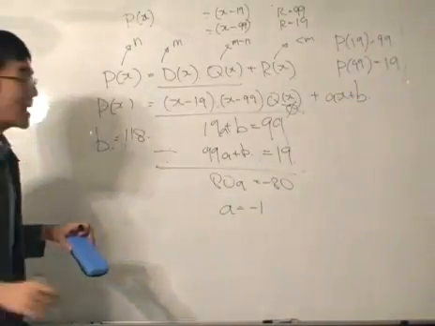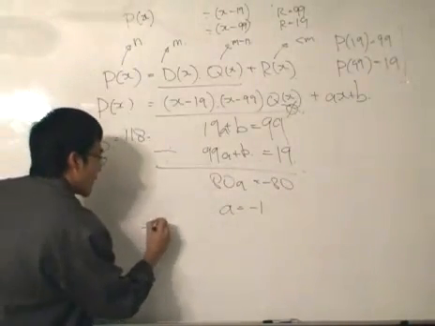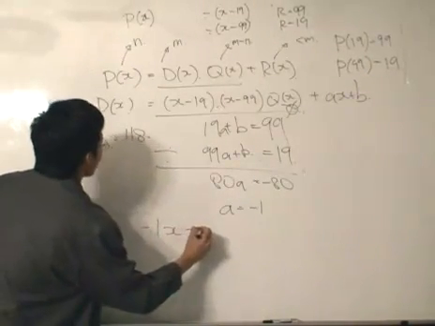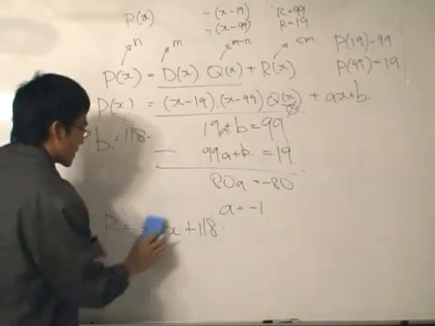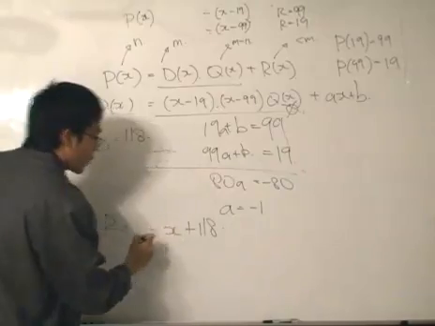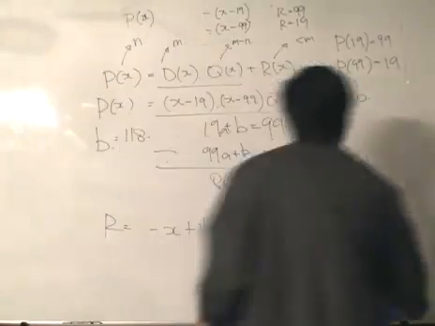And so the remainder would be minus x plus 118. This is the remainder. So it's minus x here.